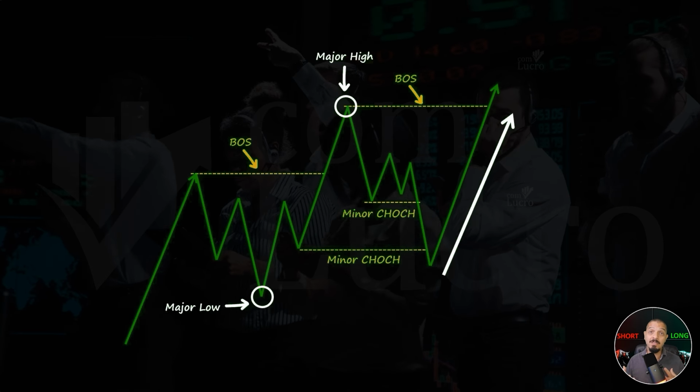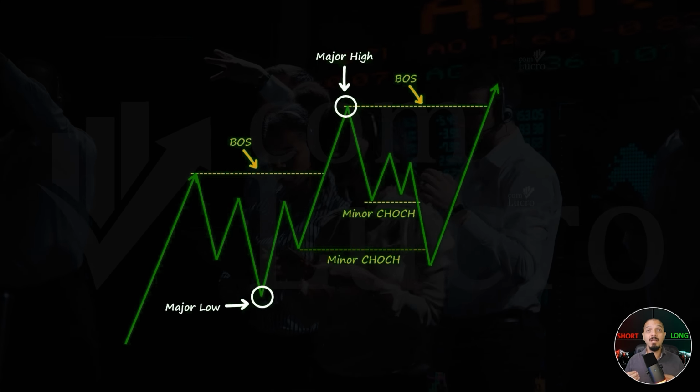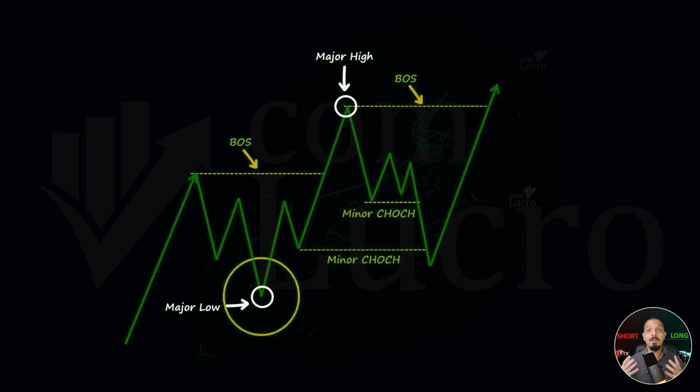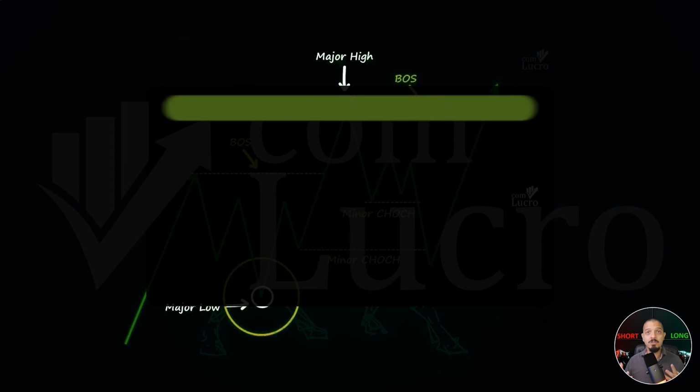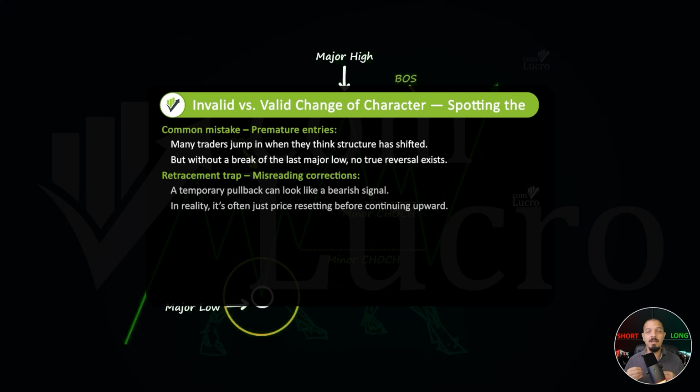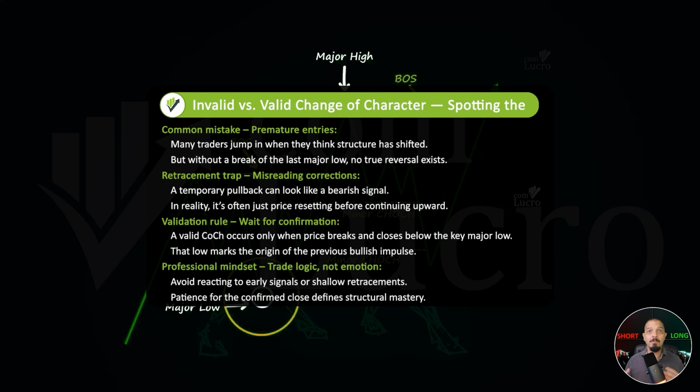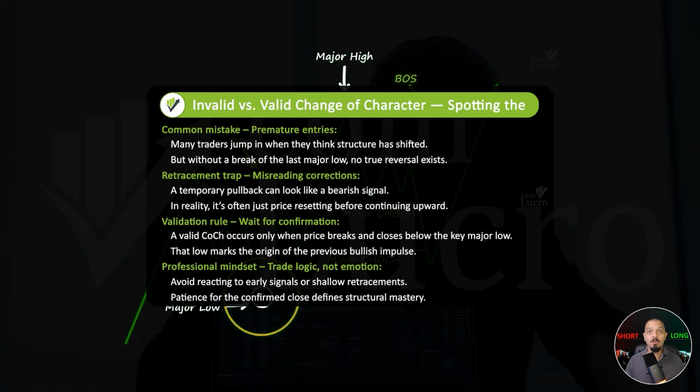What they overlooked is a critical detail. Price never broke the major low that was needed to confirm a true market structure shift. They shouldn't have entered short positions until the market broke the last major low to the downside. Their so-called change of character was actually invalid, since price was merely completing a retracement phase before resuming its primary bullish direction.